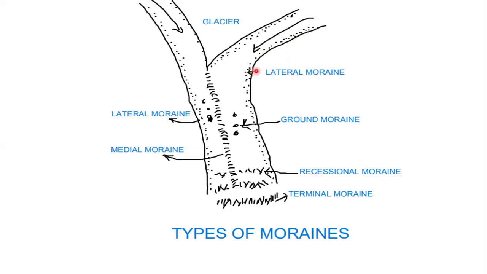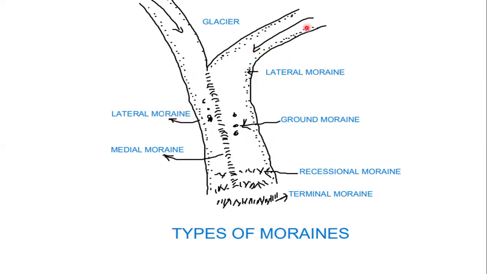Lateral moraines are ridges of loose rock fragments which are deposited at the sides of the glacier when it melts. These are formed due to the slow speed of the glacier on its sides.